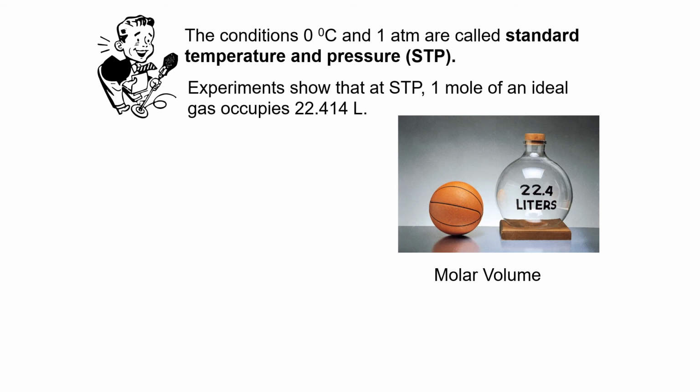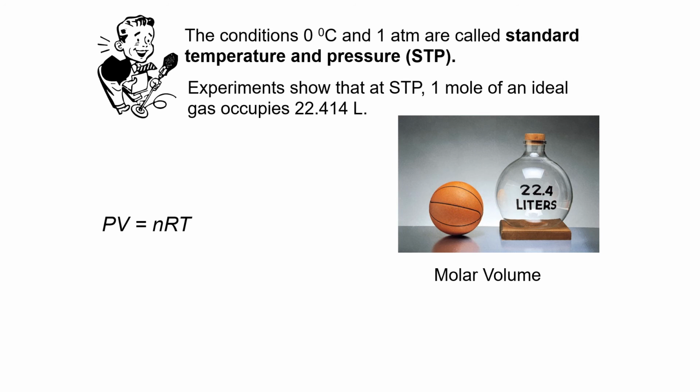And experiments have shown that at STP, 1 mole of an ideal gas occupies 22.414 liters. Doesn't matter what the identity of that gas is. If it behaves ideally, and all gases do at STP, then it will have a volume of 22.4 liters. We typically shorten it to 22.4.